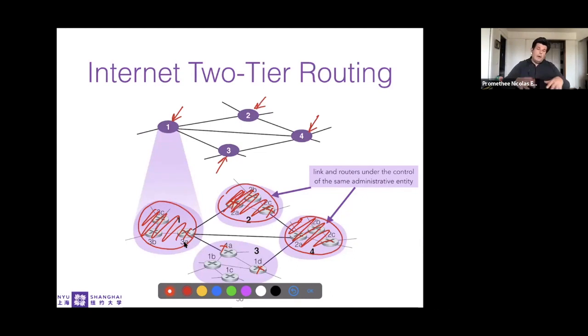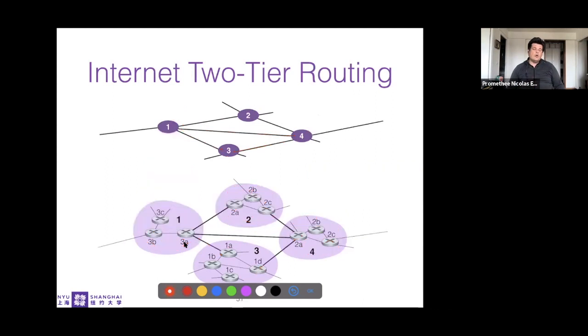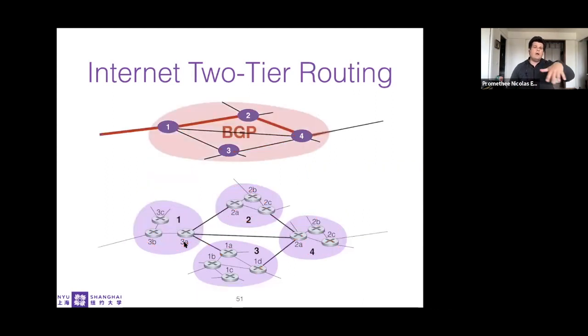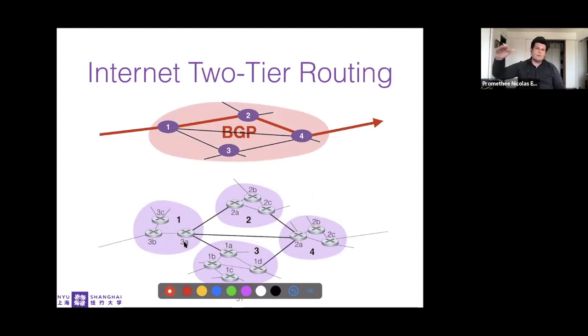So the connection is for real, because those domains you see are connected together. So this is what I have in this topology. But do I know about the detail inside each of the routing areas? By the way, we call them ASs, autonomous systems. We don't know. So what BGP is going to give us is that, for a given source and destination, BGP is going to decide what is the path that I should take across the domains.